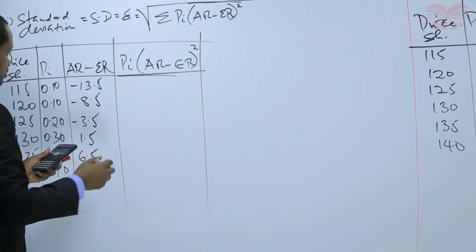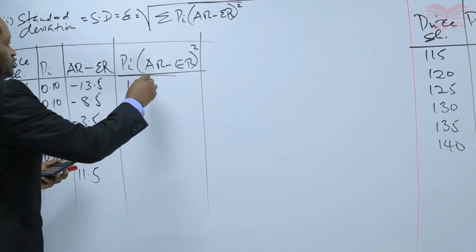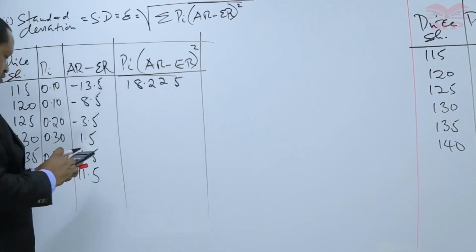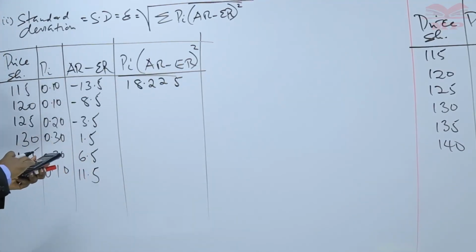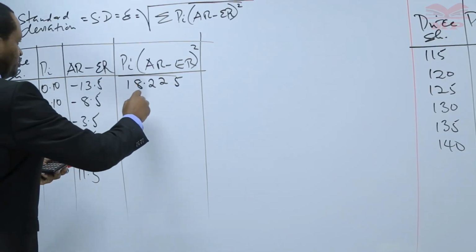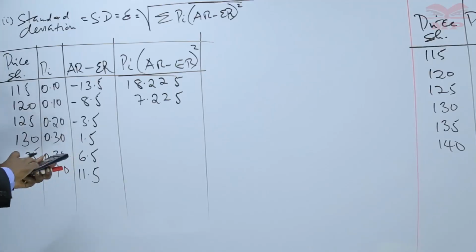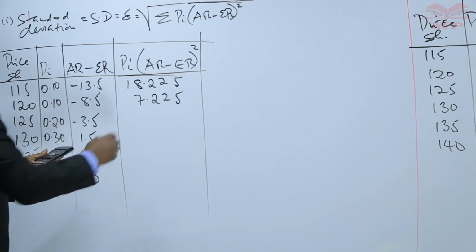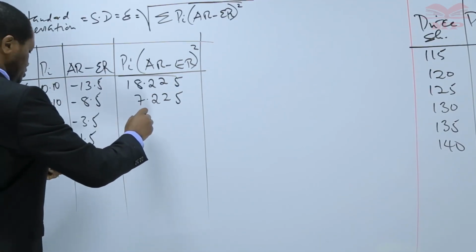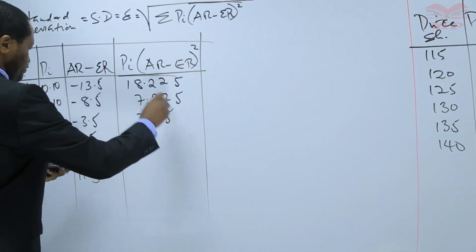This is equal to 18.225. Next I have 8.5 squared times 0.1, 7.225. Next 3.5 squared times 0.2, 2.45.